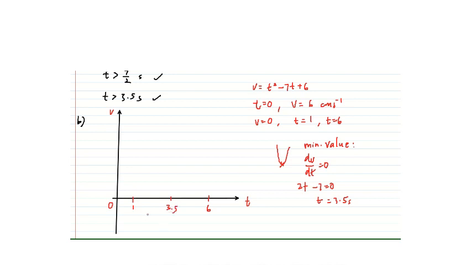And then we do the scale for velocity. We have v equal to 6, for example it is here. And then one more we have to get is when t equal to 3.5 seconds, we have to do 3.5 square minus 7 bracket 3.5 plus 6, and then use calculator.